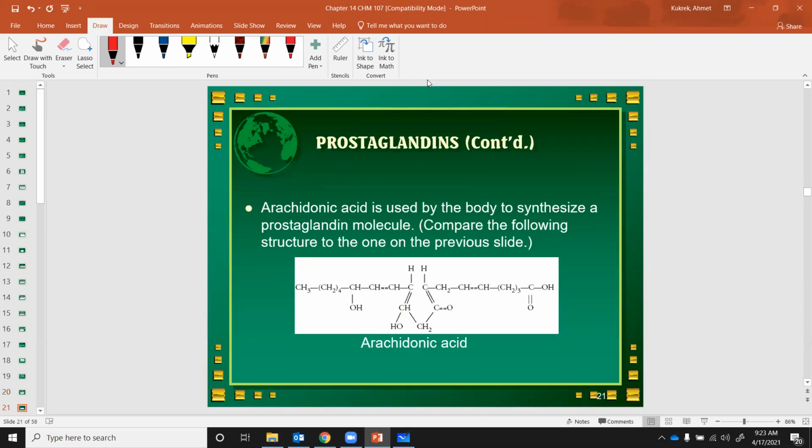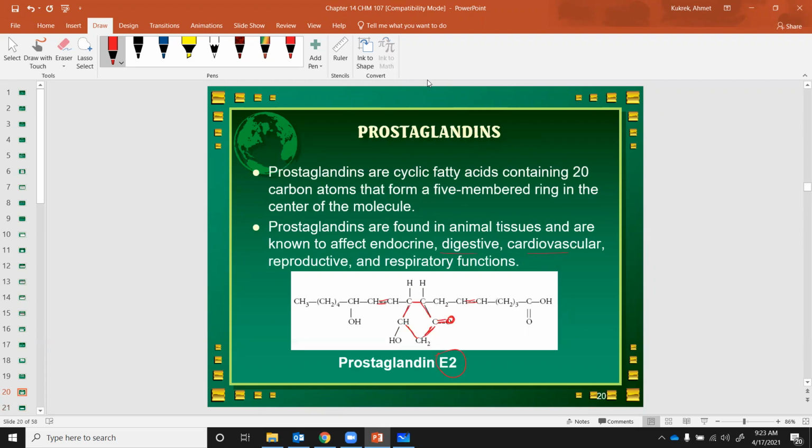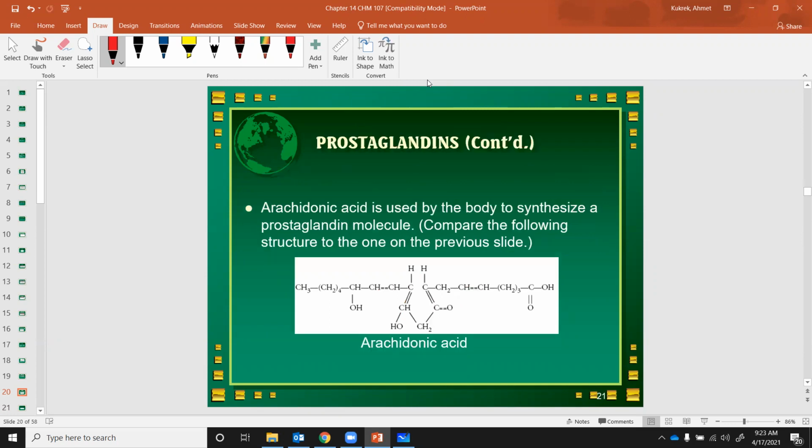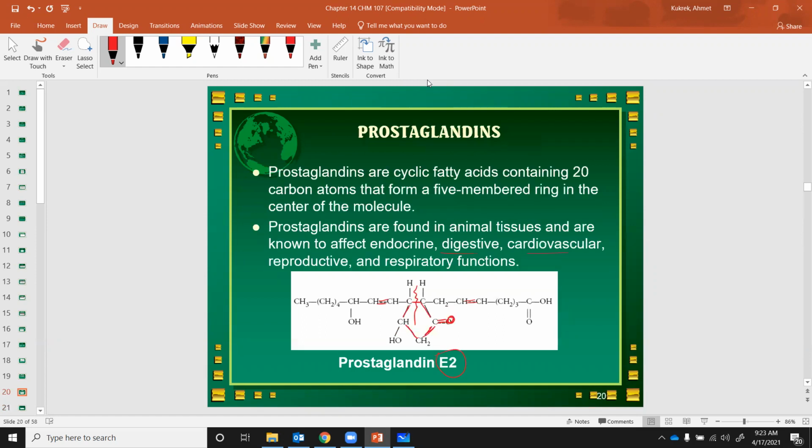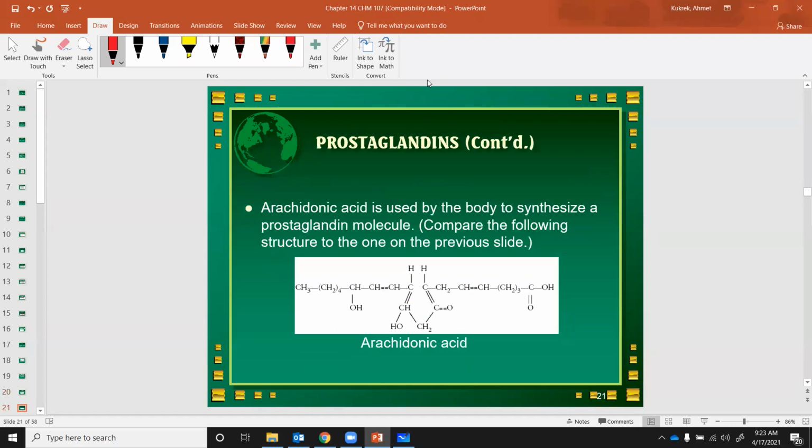And again, you don't need to know the structure of this molecule, but once you break the cyclic ring, now this is uncyclized, and this is arachidonic acid. And again, we use this molecule to synthesize, we go from here to there, basically. You can close the ring, and you get the prostaglandin. But how are you getting it? You are getting it from this acid.